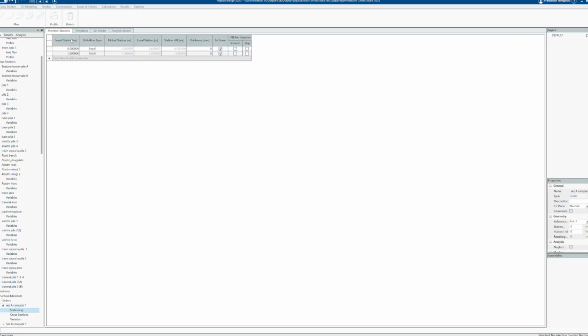After defining the single elements and having obtained the profile, we put together through structural members the spans.